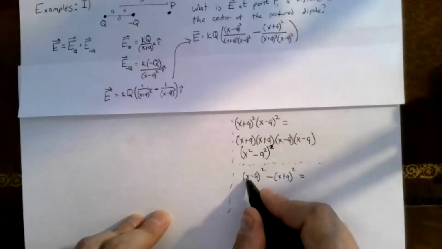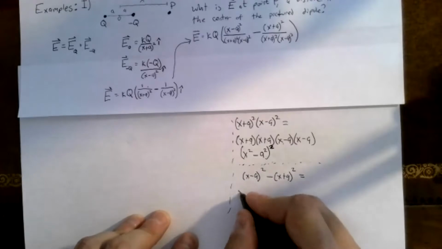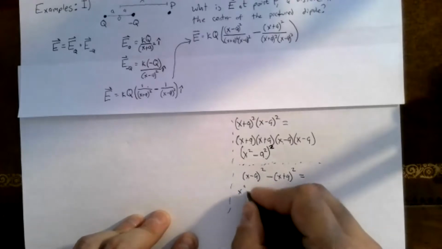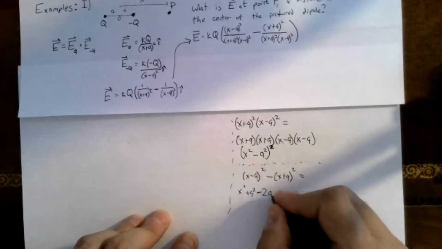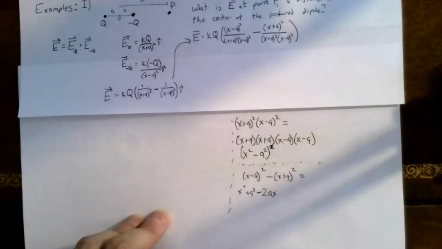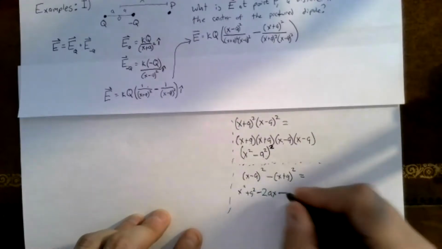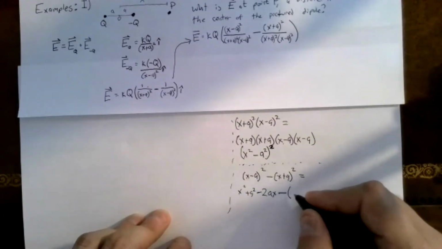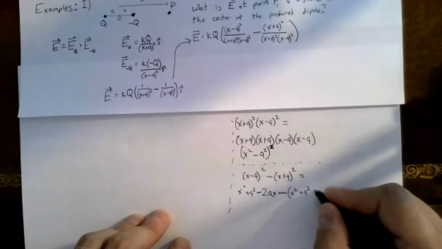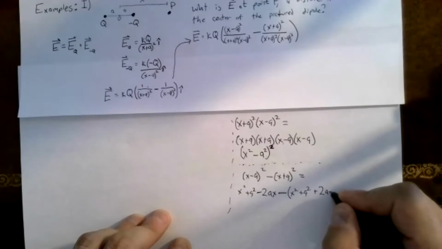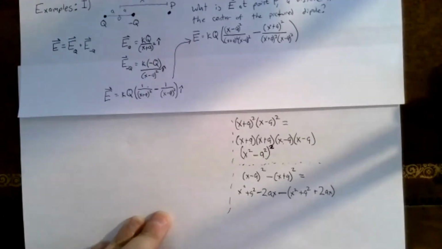If we multiply this one out, we get x² + a² − 2ax. And then we're subtracting this one, (x + a)², which is x² + a² + 2ax. Right? I think that's all good.